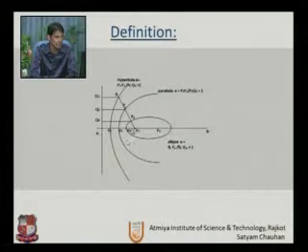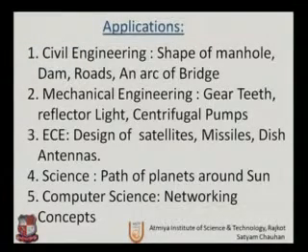A parabola has one focus and a vertex, and a hyperbola has one vertex across the directrix. So these three terms, directrix, vertex and focus, we need to understand before getting into the definition. Now let us see one by one what we have.